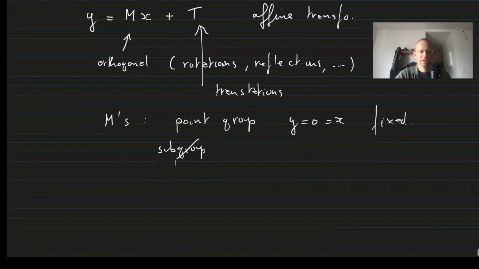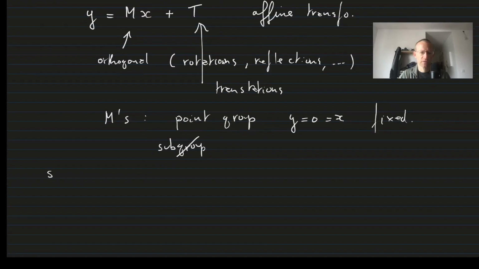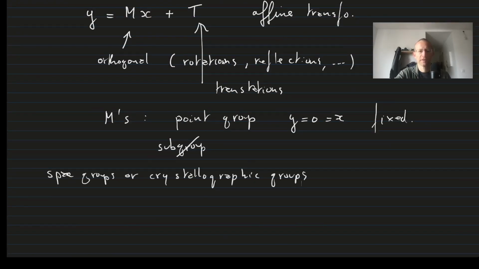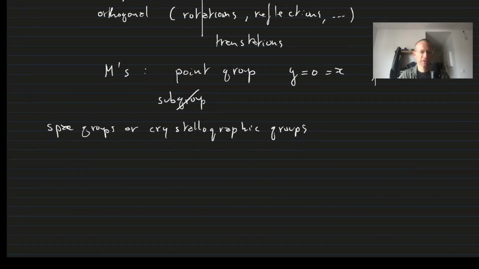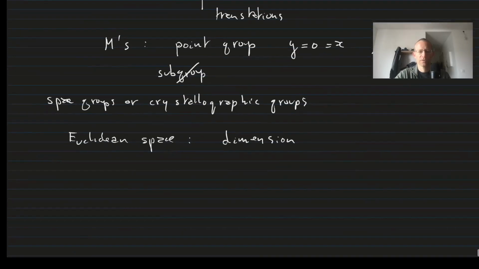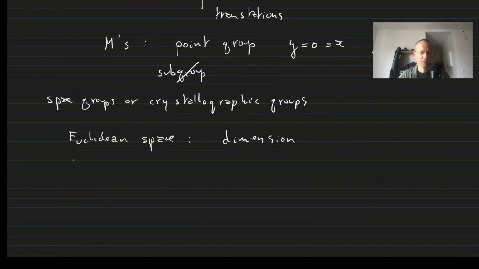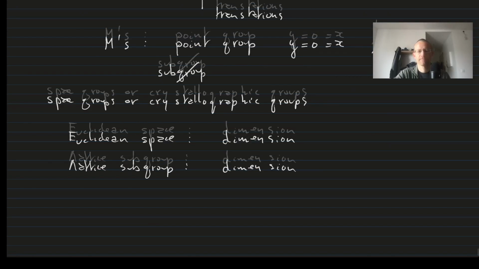Now, these space groups, or crystallographic groups, are classified by the dimension of Euclidean space in which we work. So the Euclidean space is uniquely determined by its dimension. But then also the space group will have a lattice subgroup, and the lattice itself also has a dimension, which we'll use to classify space groups.